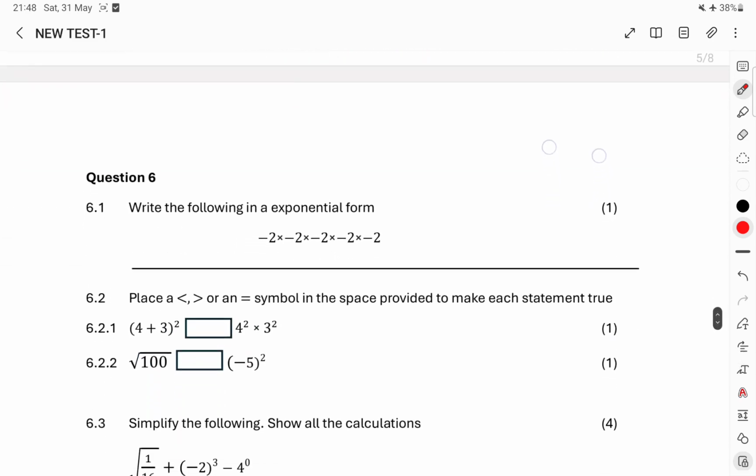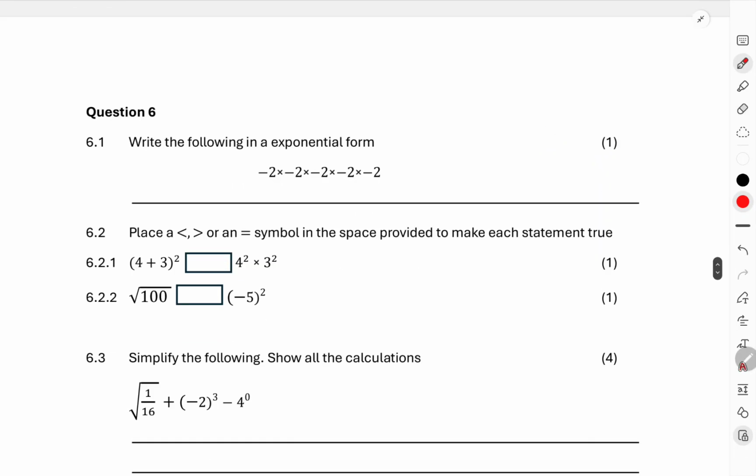Question 6. Write the following in exponential form, right? An exponential form means we are required to write this particular solution using an exponent. In an exponent, we have the base and the power, the exponent, I mean. So in an exponential form, I'm going to have 2.